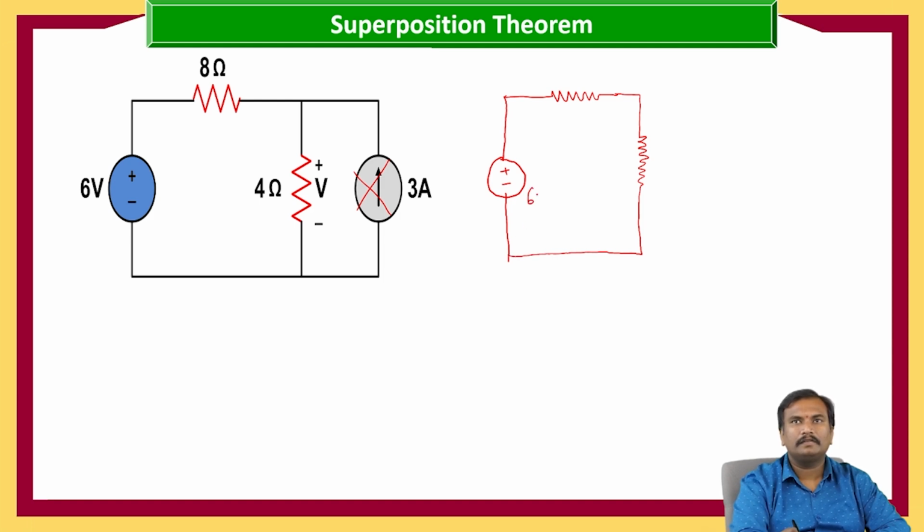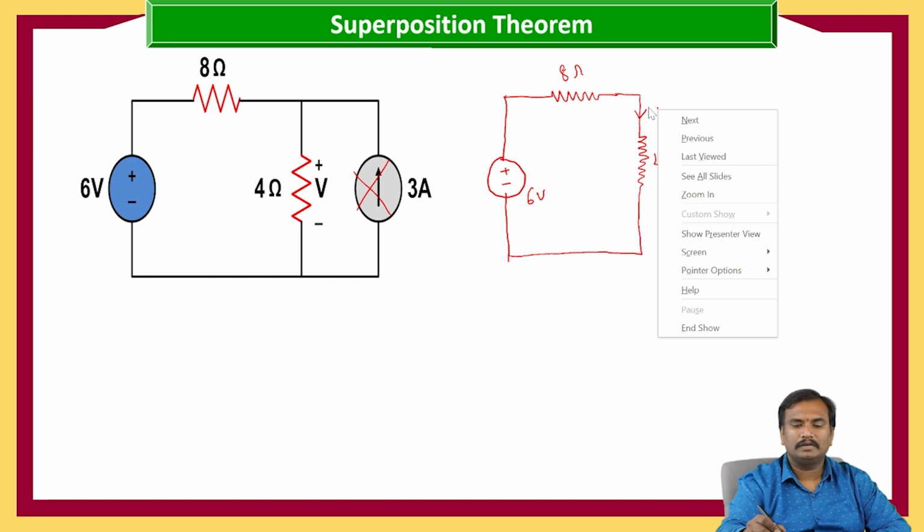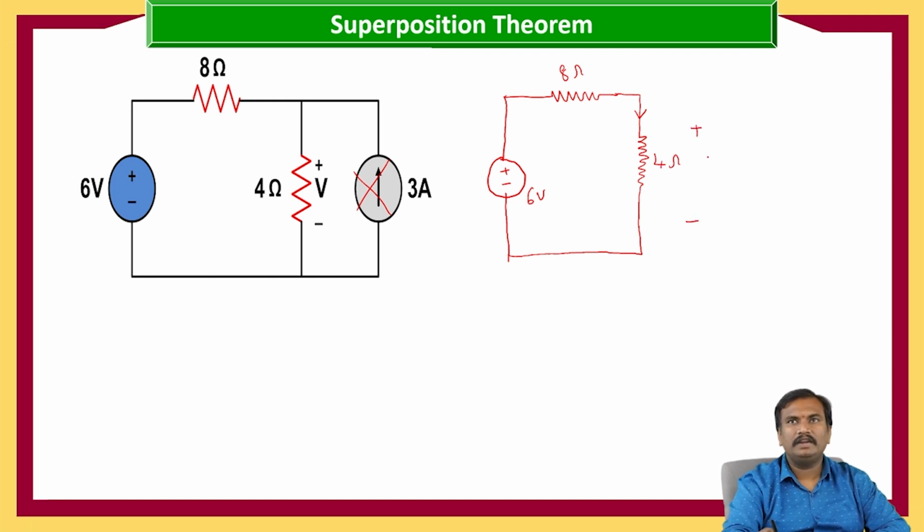Here 6 volts, 8 ohms, and 4 ohms. Here we need to calculate V dash. Let us consider this as V dash.